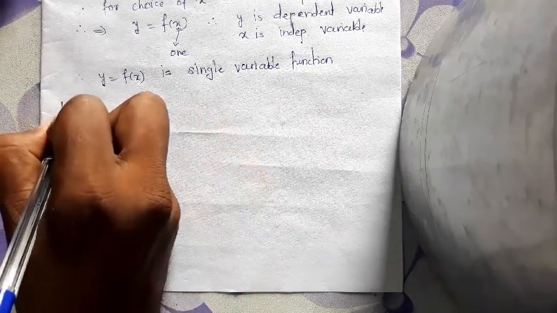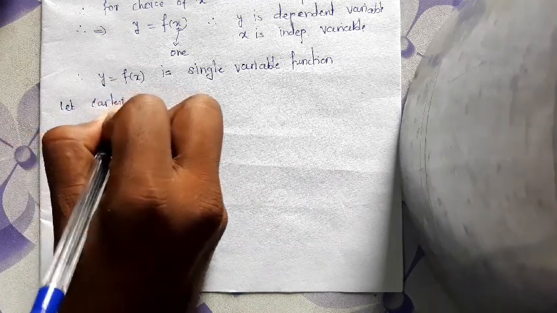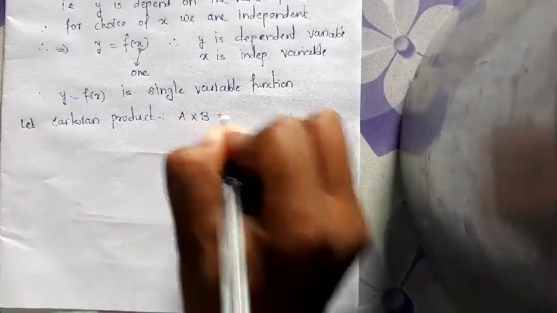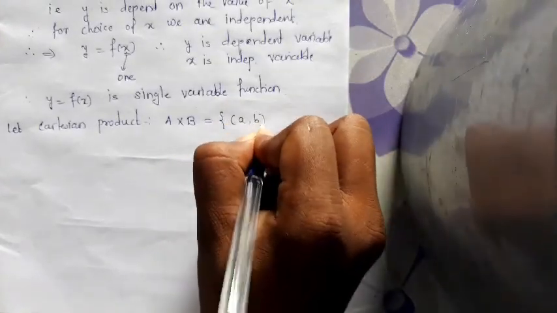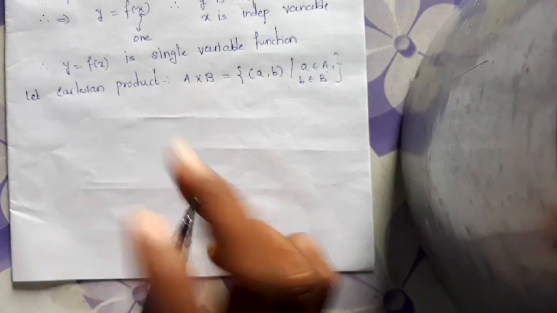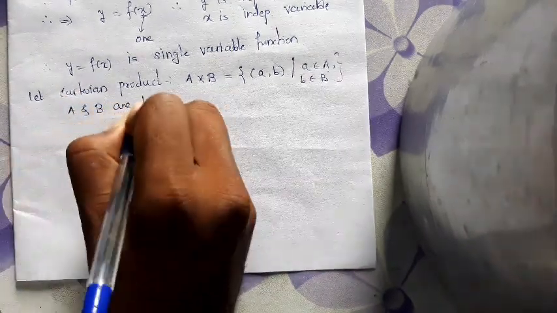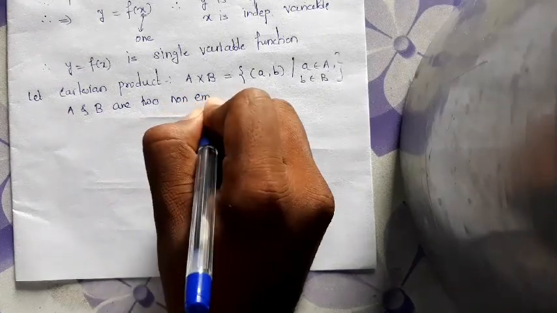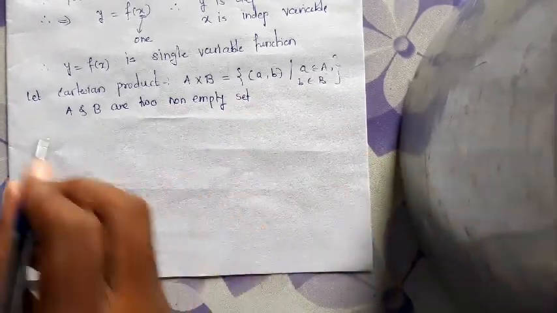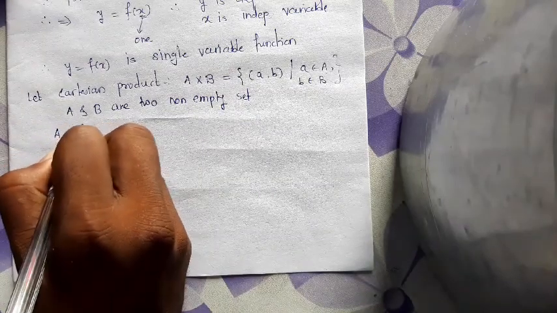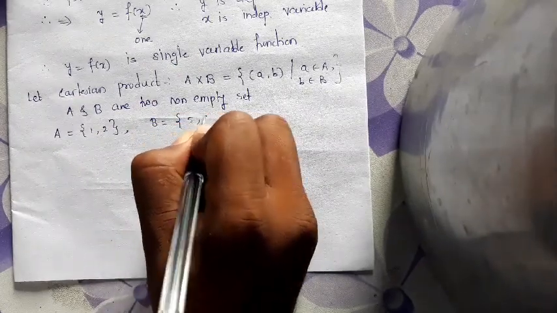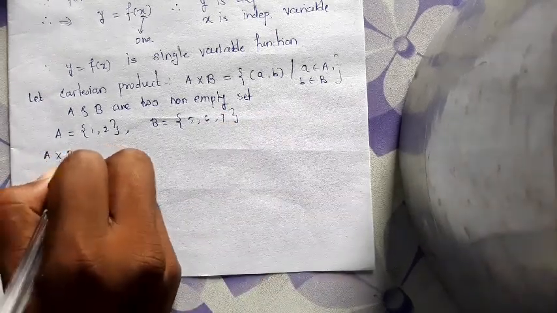Let the Cartesian product A cross B be the set of the form (a, b) such that a belongs to capital A and b belongs to capital B. This is the Cartesian product of two non-empty sets A and B. For example, take A equal to {1, 2} and B equal to {5, 6, 7}. Then what is A cross B?